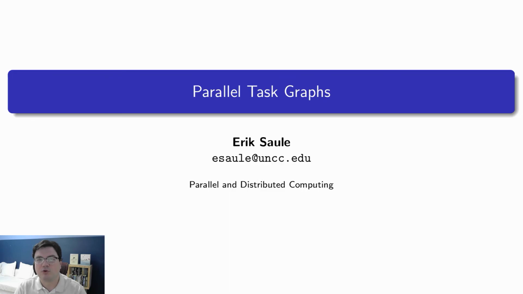The work provides a lower bound on the best possible execution time, assuming linear speedup. The critical path is an absolute lower bound of how fast the application can get. Understanding these 3 metrics will help us analyze the parallelism inside an application.